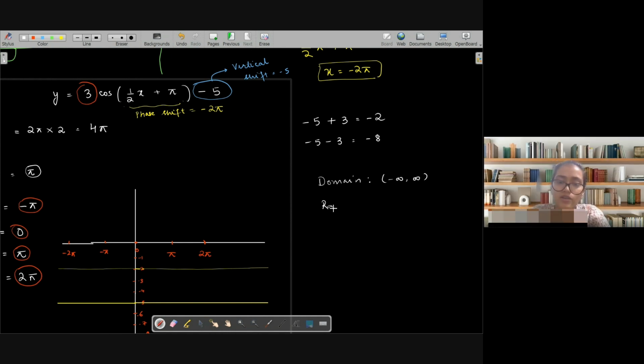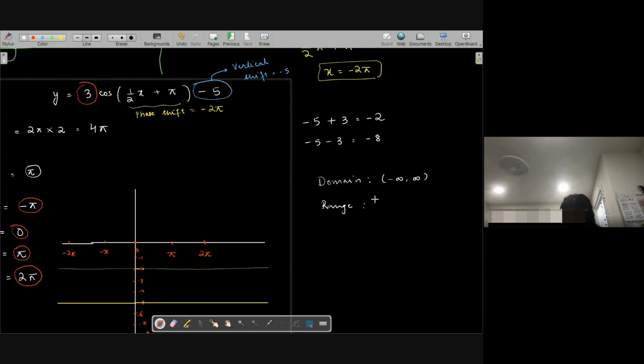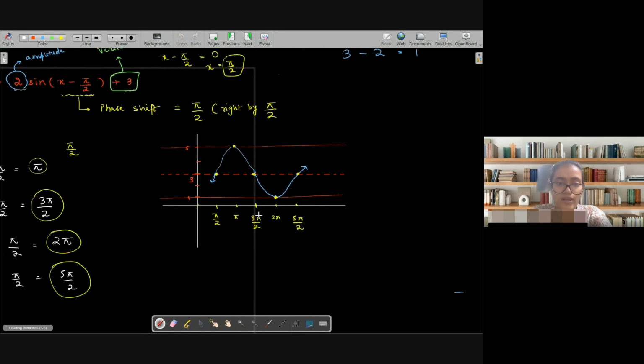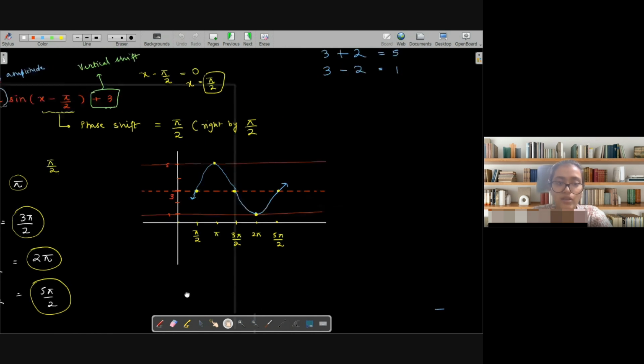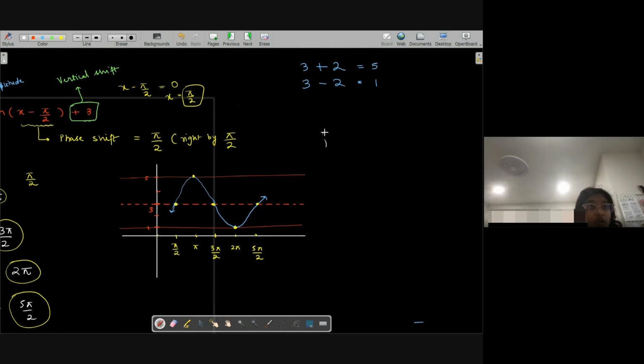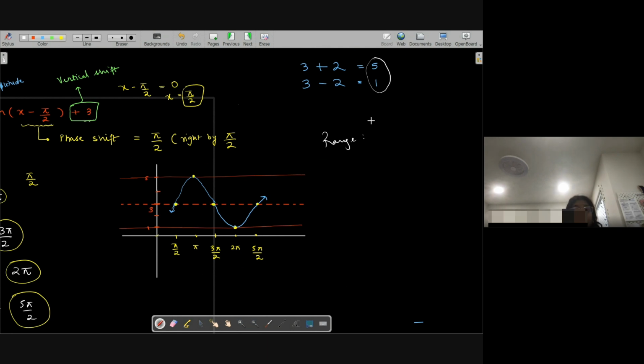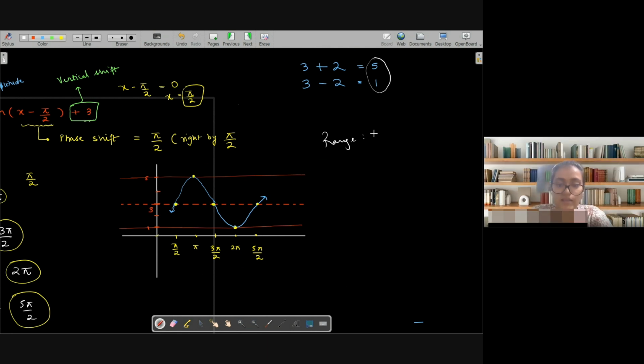The range in this case will be -8 to -2. And for the parent function, the range is 1 to 5. And the domain is -infinity to positive infinity, right? Yes.